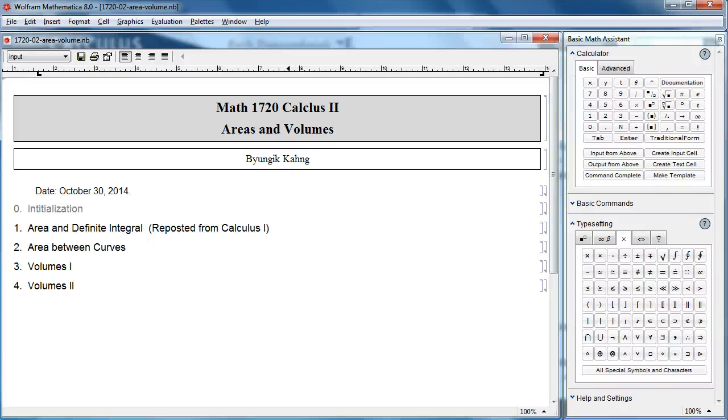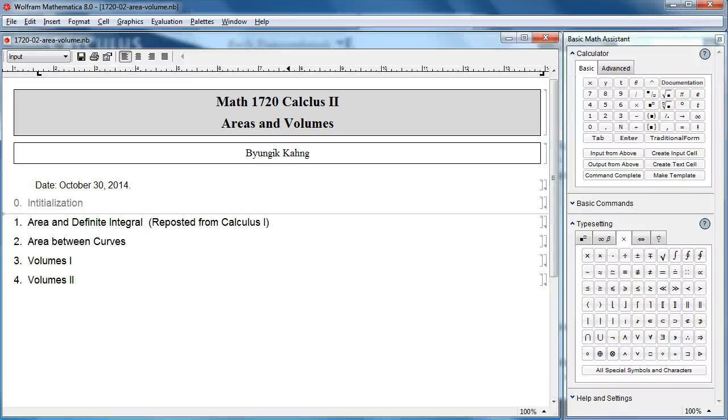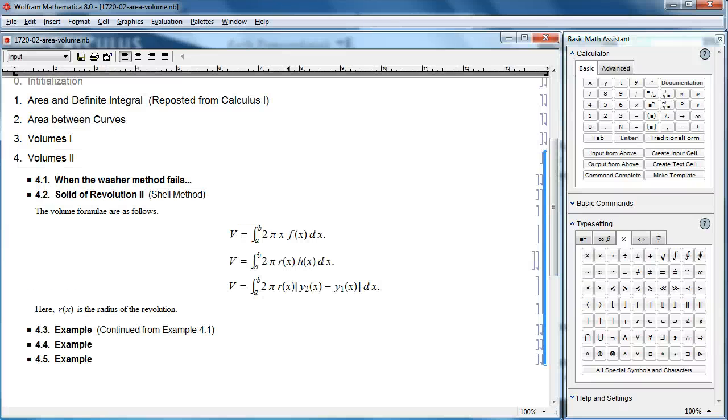Let's initialize it. I think I have already done that, but it doesn't hurt to do it twice. Okay, here are the volume formulae. This is the most elementary one. And this is the most general one.